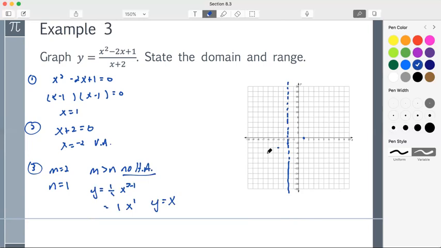What I'm just doing here is graphing the line y equals x here. This is where this comes from. We'll worry about that later.